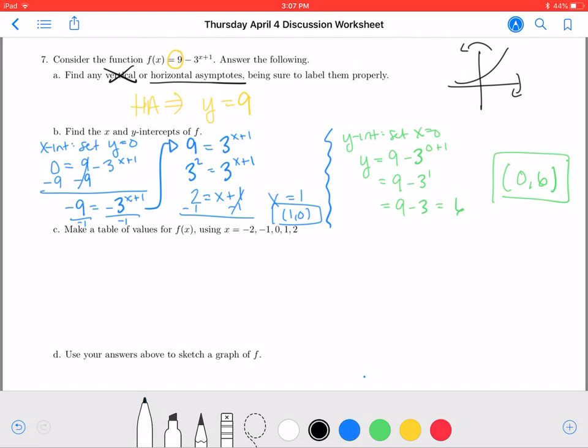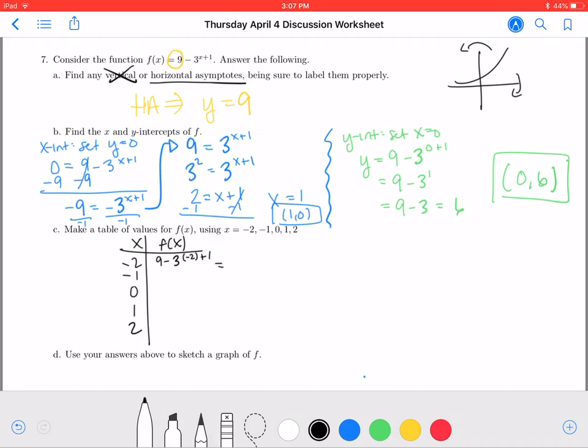So in part C, we want a table of values, and I'm given the x values I want to plug in. Okay, so my equation is 9 minus 3 to the power of x plus 1.